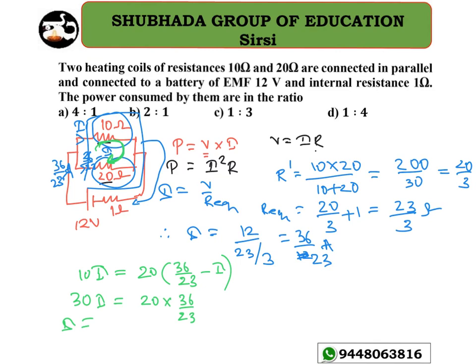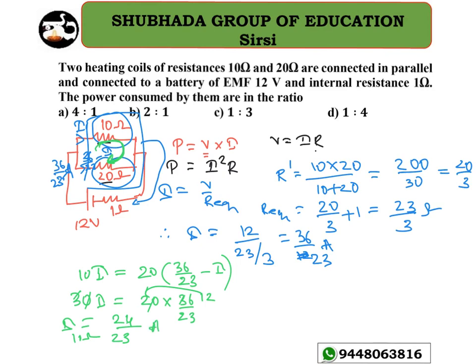So in a similar manner, I across the 10 ohm resistor is 24 divided by 23. Three ones are 3, 12 twos are 24, divided by 23 ampere current.